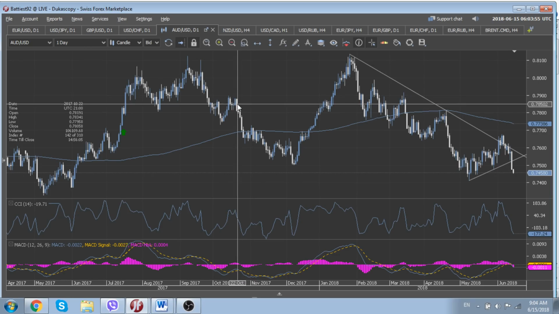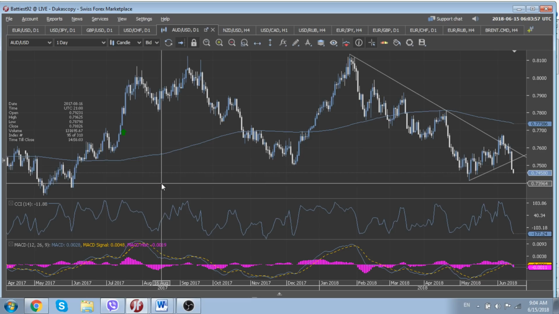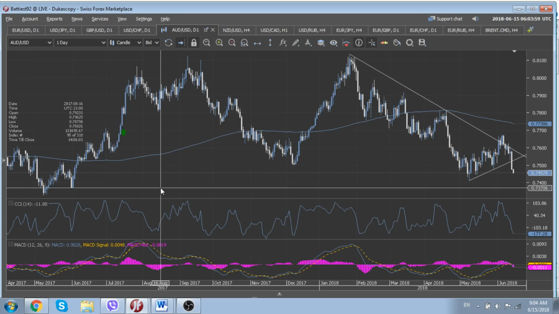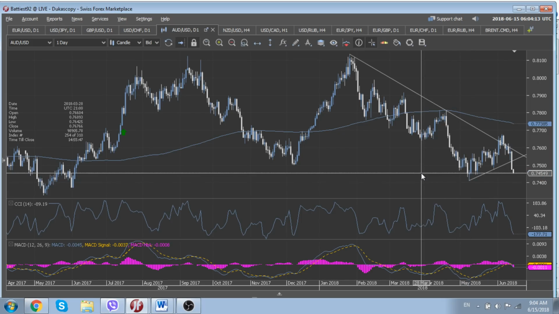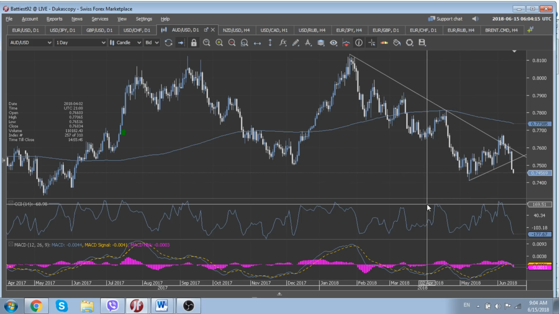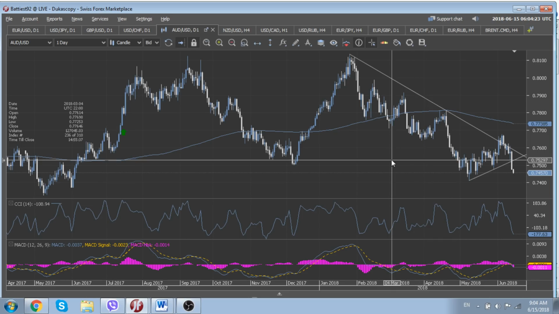And as regarding some other currencies, the Australian dollar is also moving to the downside, and in the foreseeable future we could see a possible retest of the lows of May around 0.7412, and that should mean that the underlying bearish trend is back in play.